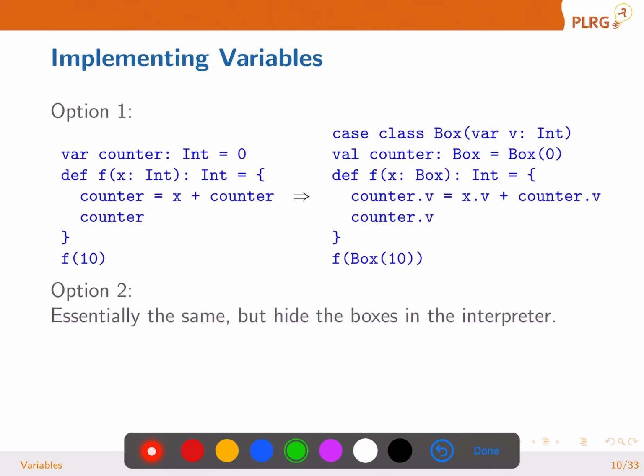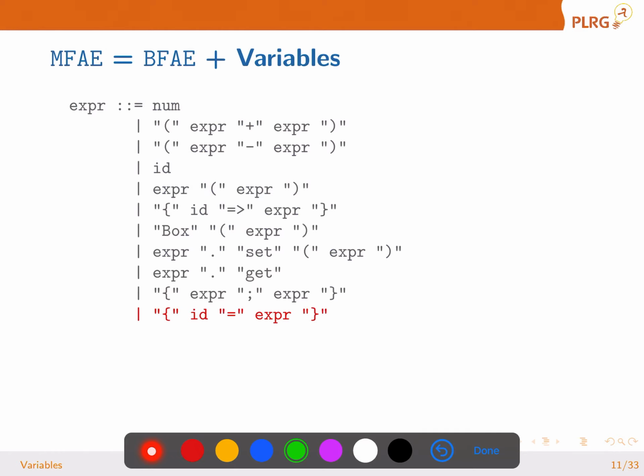Option 2 is essentially the same, meaning essentially we are using boxes, but not by the programmer, but by the language. It hides the boxes in the interpreter, meaning that it could be a new language. BFAE plus variables, we call that MFAE. M for mutation.